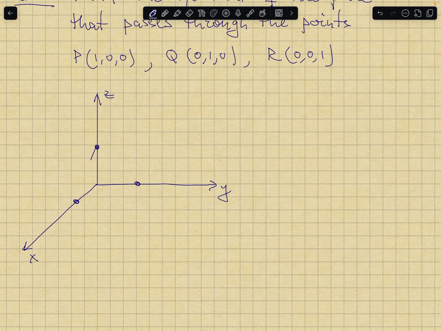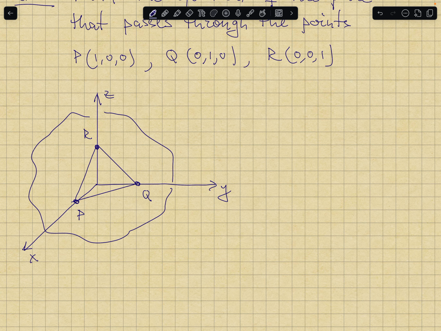And so if I look at the part of the plane in the first octant, I see this triangle, but of course the plane continues behind the axes into other octants. Okay, so what am I going to do if I want to find the equation of this plane? So this is P, this is Q, and this is R.